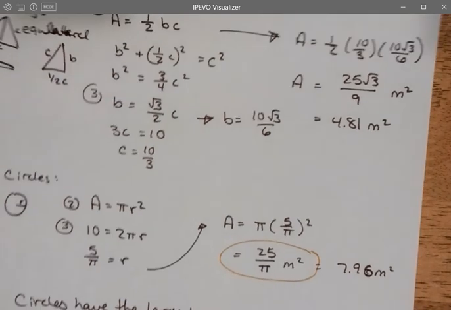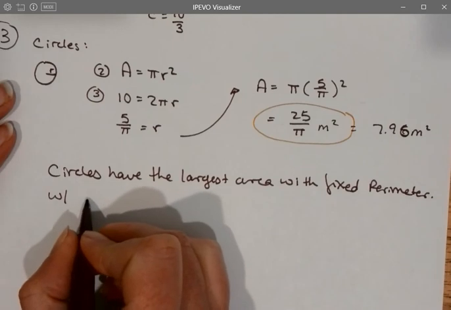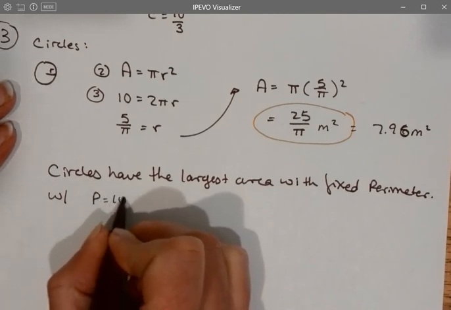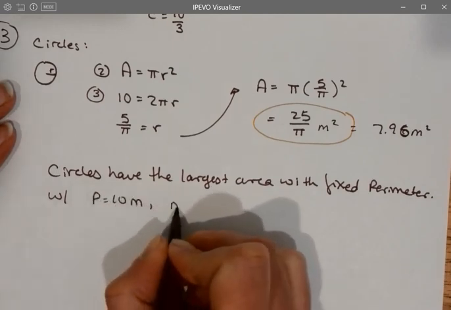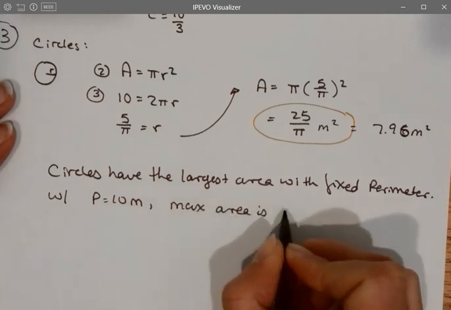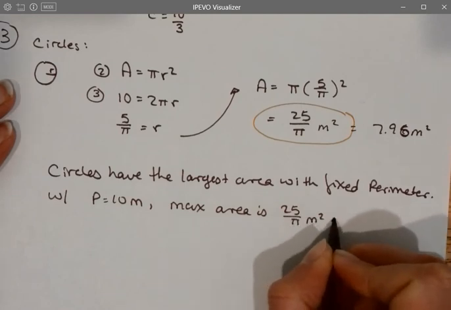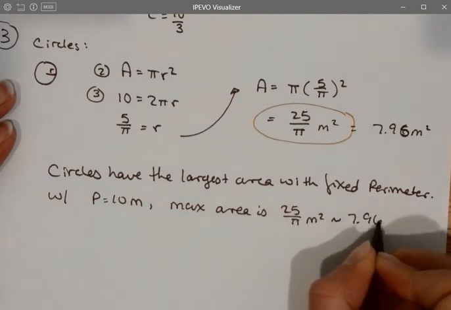And so in this case, with a perimeter of 10 meters, the maximum area is 25 over pi square meters, which is approximately 7.96 square meters.